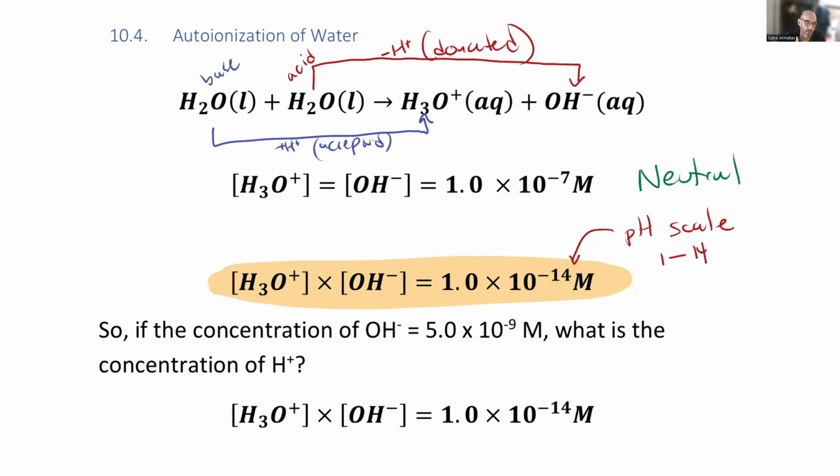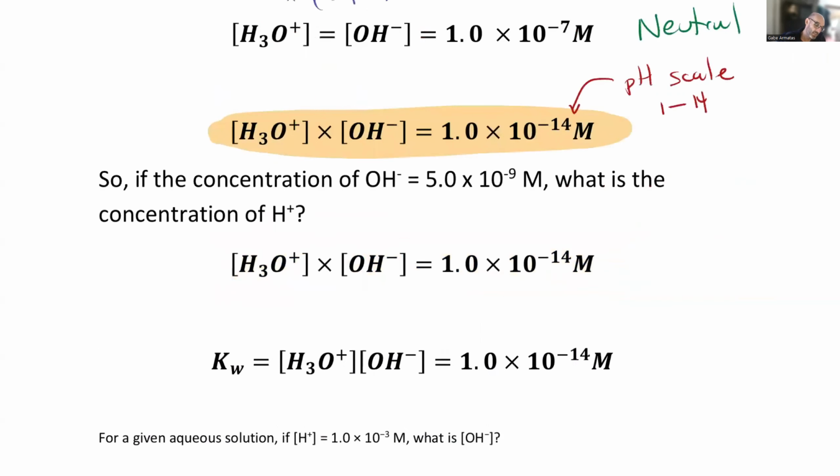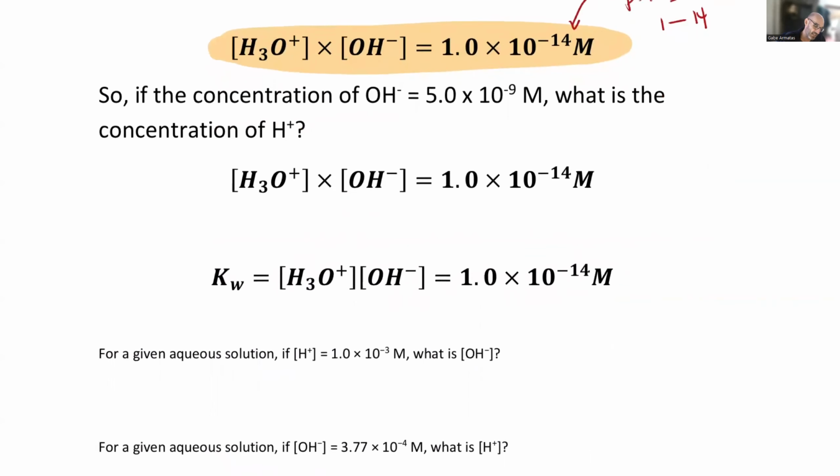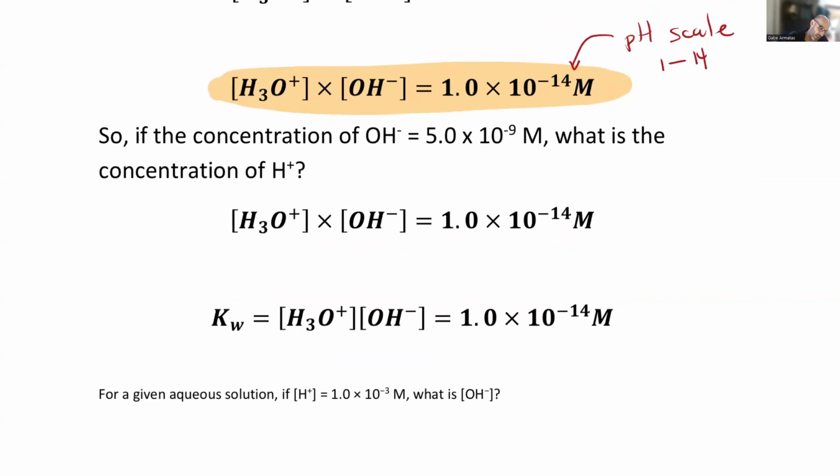H3O plus times OH minus equals 1 times 10 to the negative 14, which means these two things are tied together. So if I have the concentration of OH minus being 5 times 10 to the negative 9, what is the concentration of H plus?